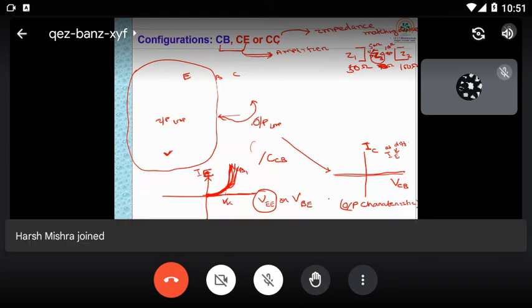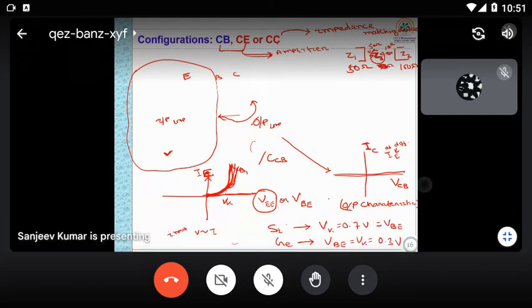In an impedance matching device, you have two devices with different impedances, one is Z1, one is Z2. One impedance is 50 ohm, one is 100 ohm. In between, if you want to design a device whose input matches 50 ohm and output matches 100 ohm, that type of device is known as an impedance matching device.